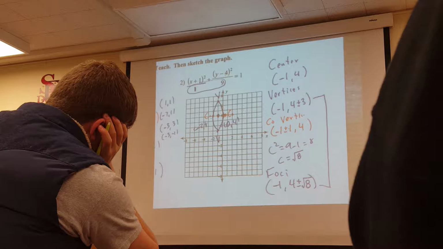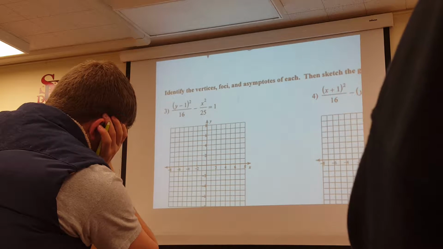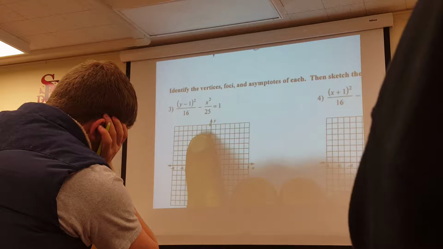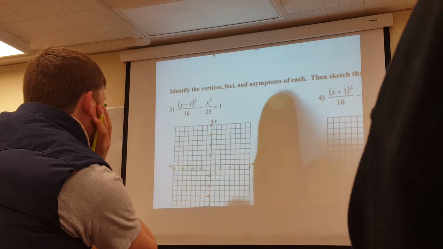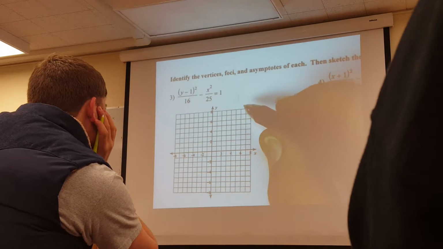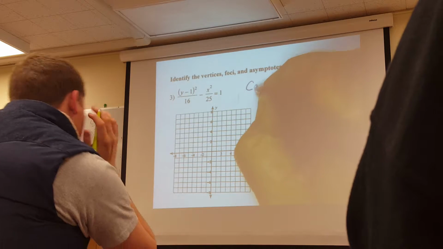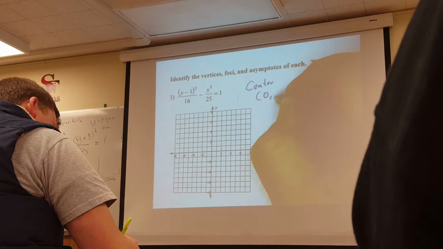Okay, now we have the hyperbola. Now, how do we know this is a hyperbola? The minus, and then it asks you for asymptotes too, okay? All right, the center is 0 and 1.